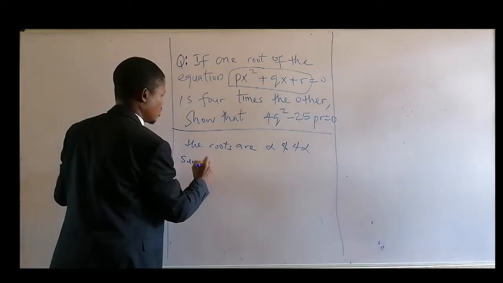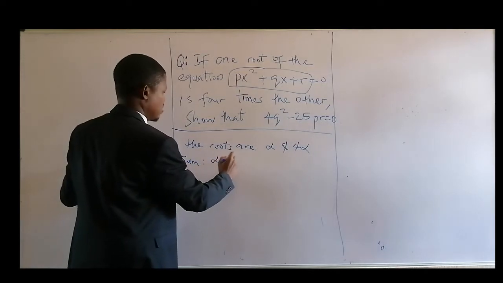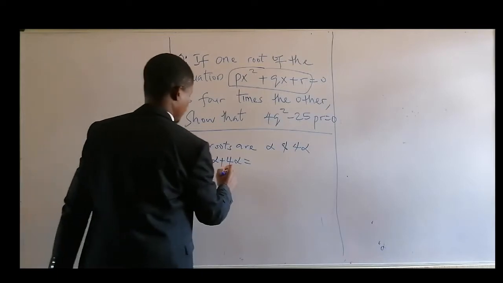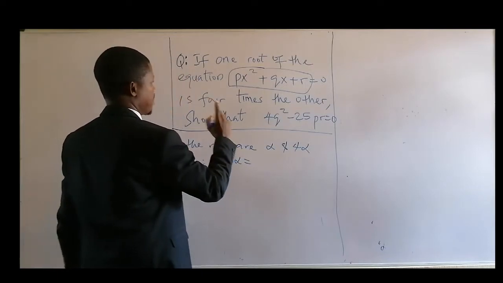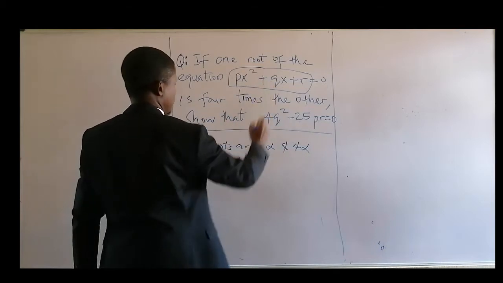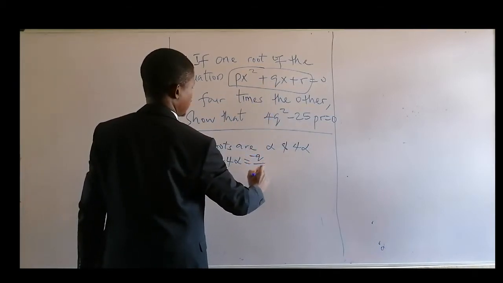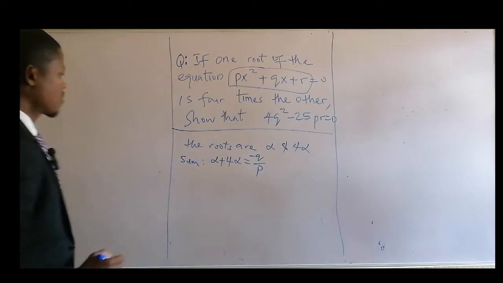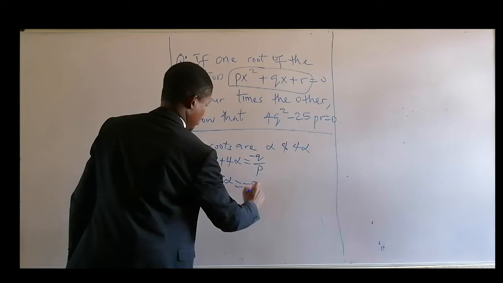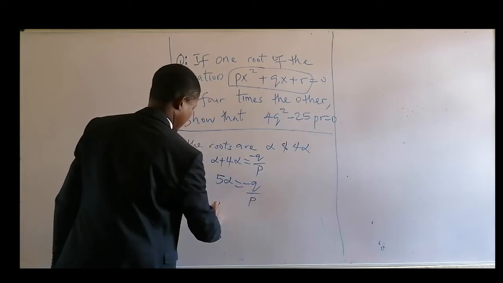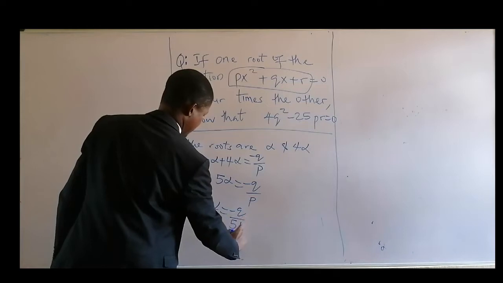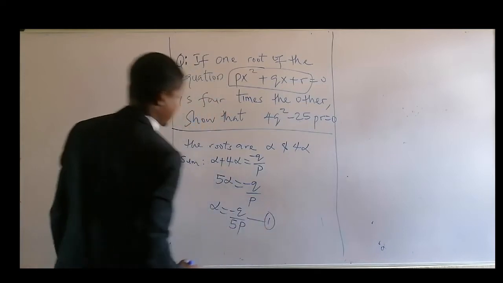The sum will be alpha plus 4 alpha, which is minus b over a, that's minus q over p. So 5 alpha equals minus q over p, so alpha is equal to minus q over 5p. Call this equation 1.